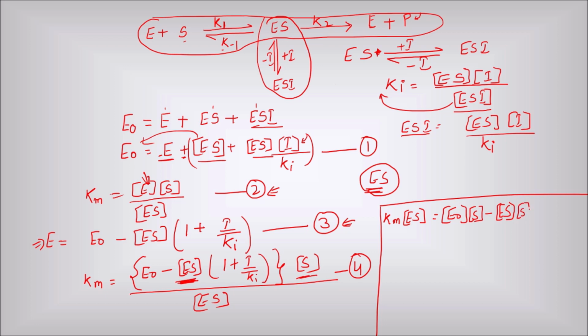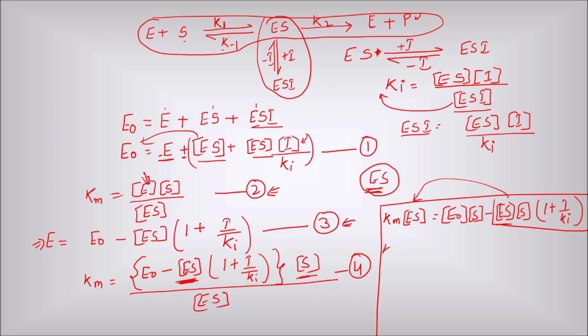It will be easier for me to write here 1 plus I by Ki. Now again I am going to calculate for this value, so I will take this whole term toward the left hand side.